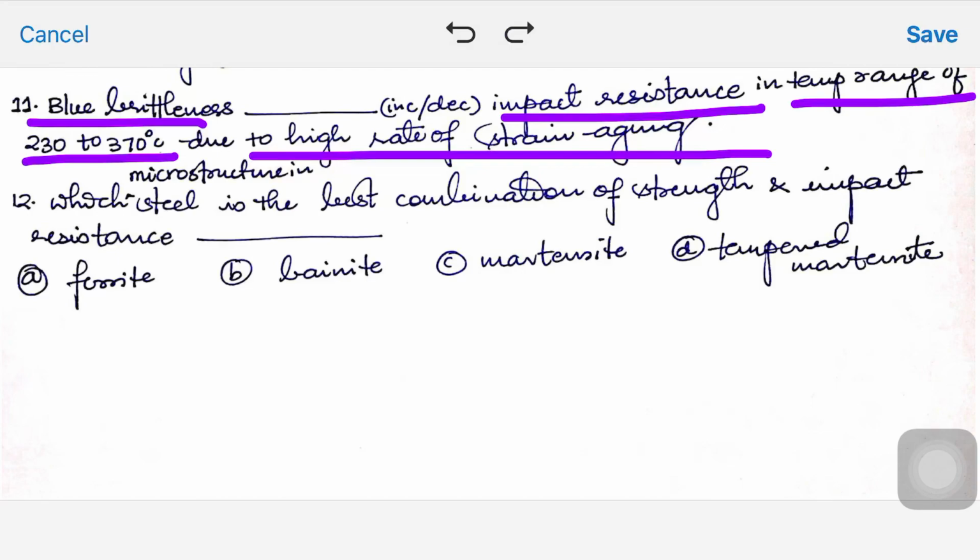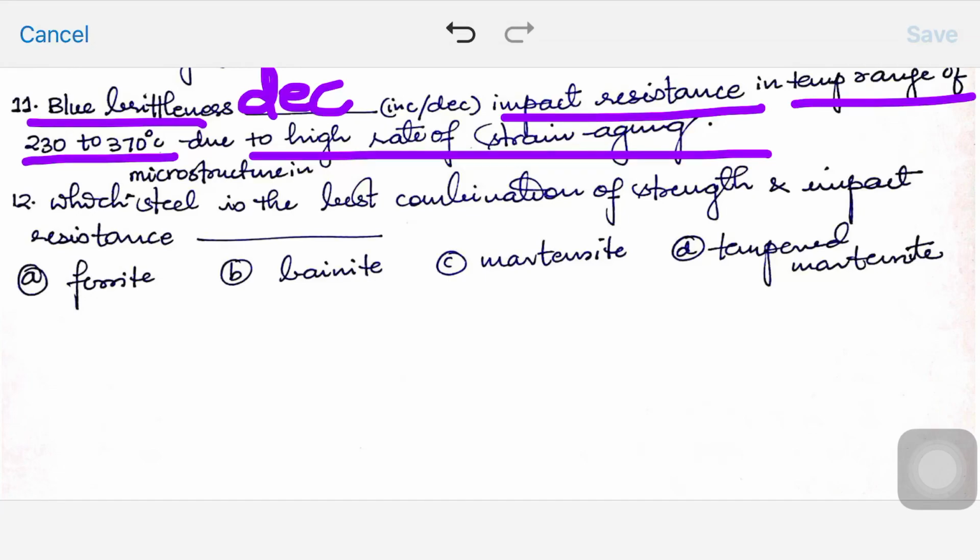When there is brittle material, it has a very low value of impact resistance, or it can absorb very little shock. So it decreases the impact resistance, the absorption of shock, due to the increase in brittleness, or the increase in the DBTT temperature. So decreases is the correct option.